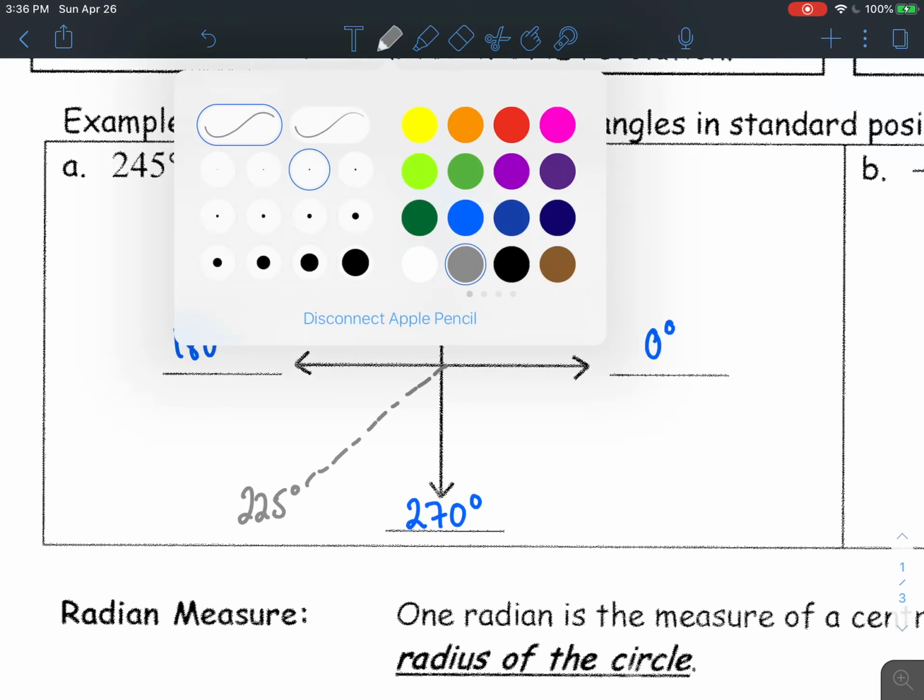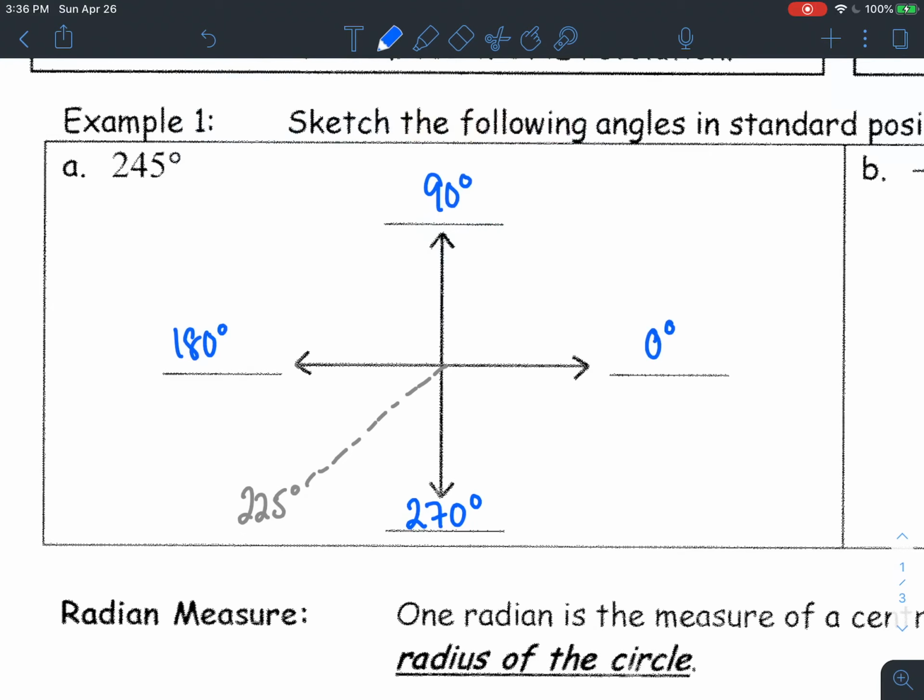So you know that the angle you're trying to graph is going to be at least somewhere in the second half of that quadrant. Now, it's not exactly halfway between those two. It's actually just a little bit closer to the 225, but it's pretty close to halfway.